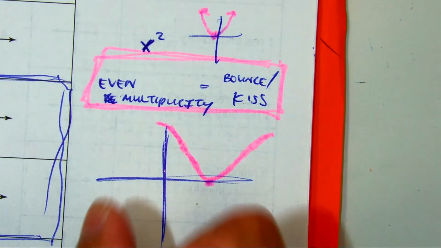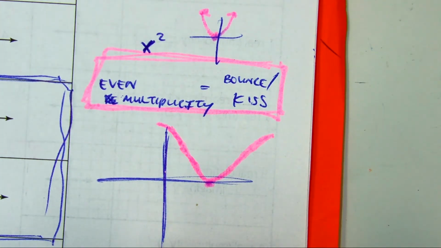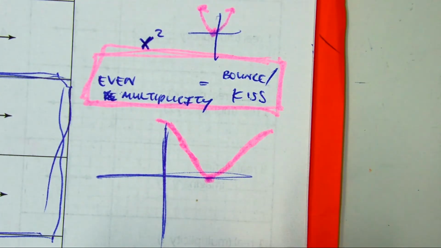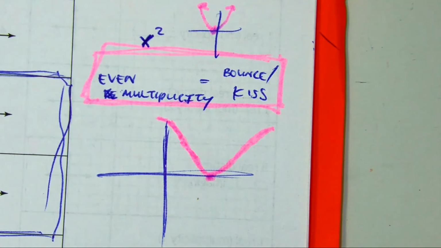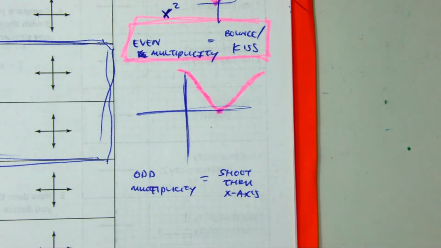The other one is odd multiplicity. Odd multiplicity, and you're going to shoot through the x-axis. You're going to shoot through an odd multiplicity.